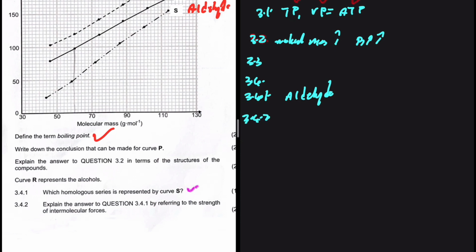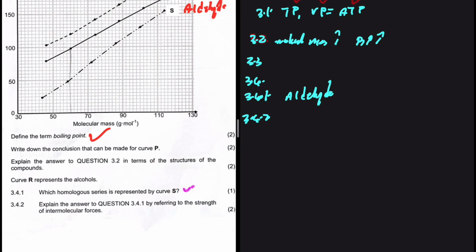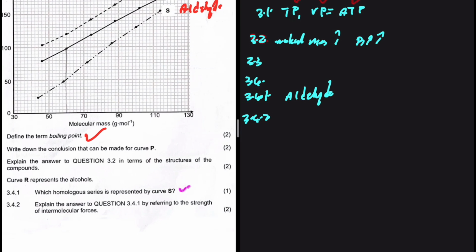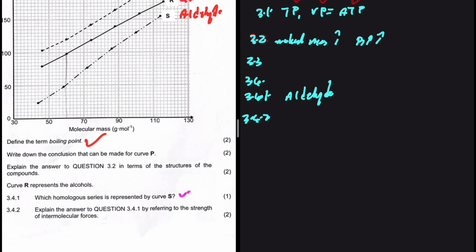3.4.2. Explain the answer to question 3.4.1 by referring to the strength of intermolecular forces. So, okay, this is the train of thought. Carboxylic acids consist of two sides of hydrogen bonding. Alcohol consists of one side of hydrogen bonding. Aldehydes consist of dipole-dipole forces, right? Hydrogen bonding is stronger than dipole-dipole.